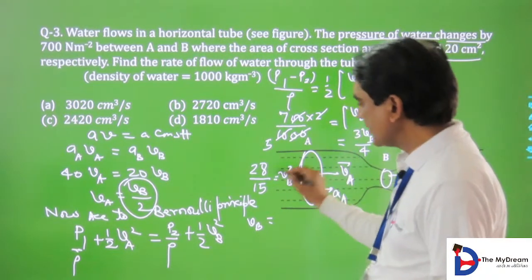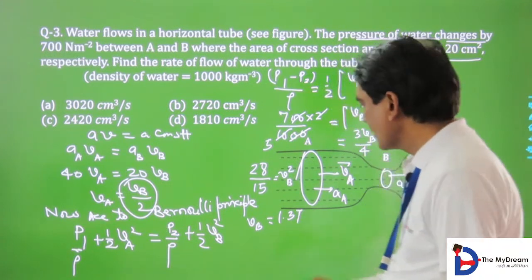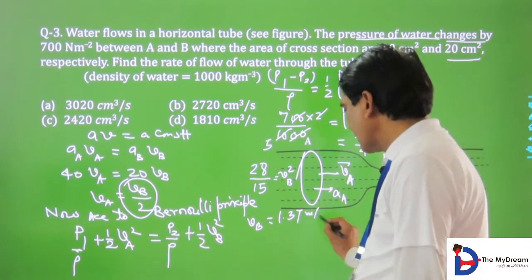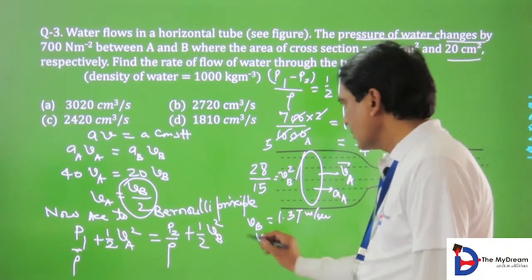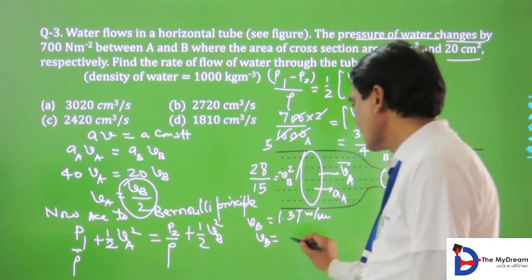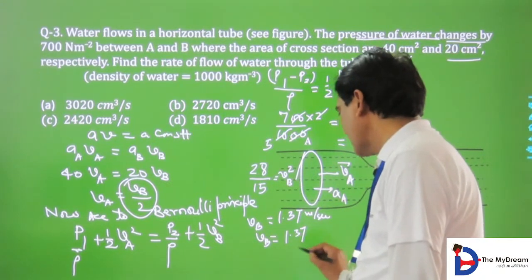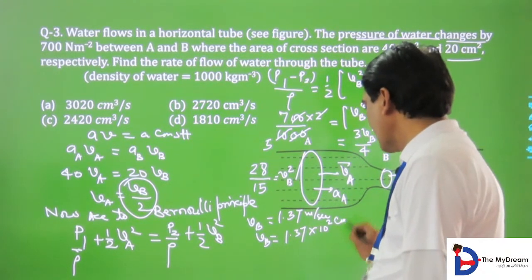It will be lesser than this, so you will get about 1.37 meter per second. You should convert into centimeters, because answers are given in centimeter, so 1.37 into 10 raised to 2 centimeters.